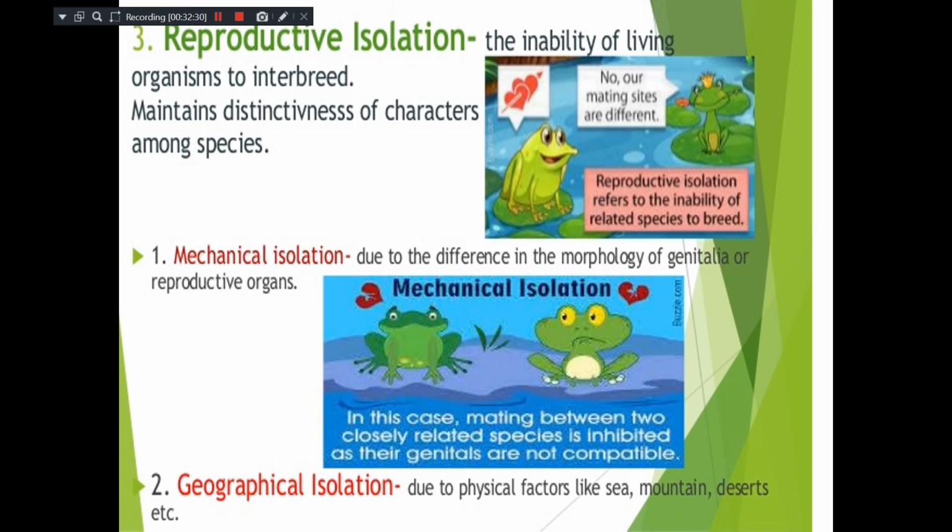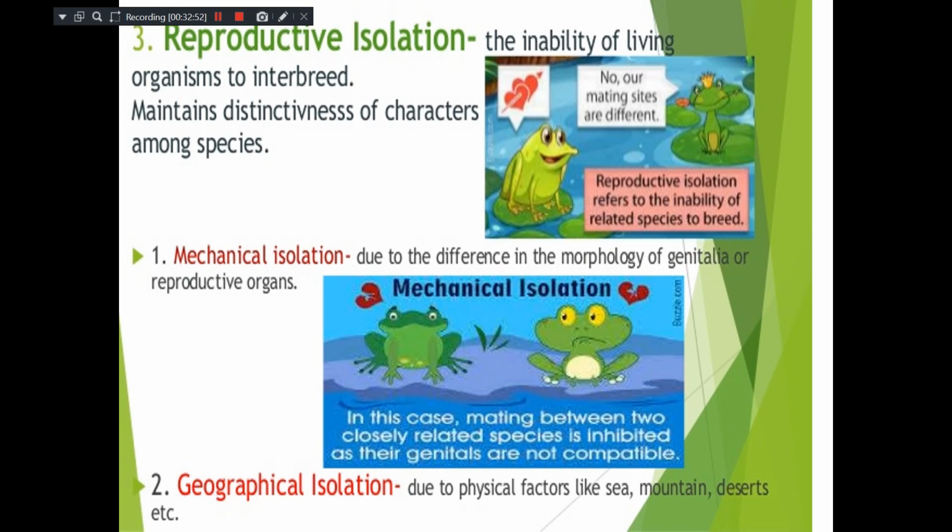In this case, mating between two closely related species is inhibited as their genitalia are not compatible. Because of the incompatible genitalia, they fail to reproduce. This is what we call mechanical isolation.